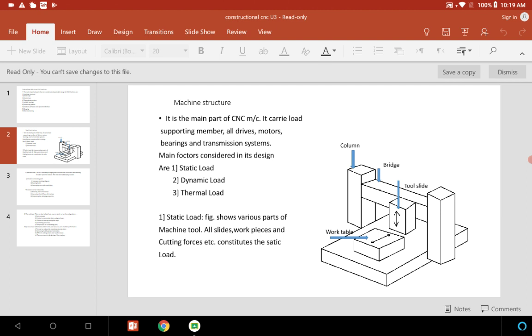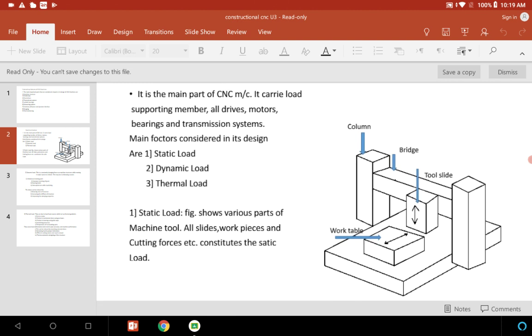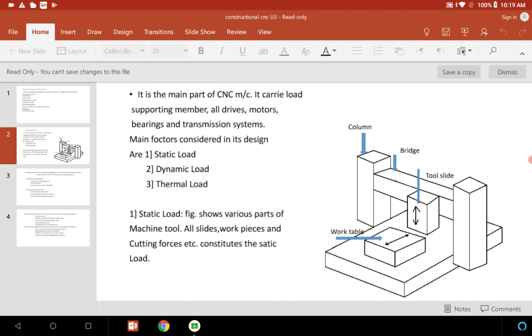First of all, the machine structure, as we said. You can see here the main part of the CNC, in the diagram. It is a frame structure which carries all the load or supporting members, drives, motors and other systems, etc., almost as dead loads or weights, column wise or horizontal wise.